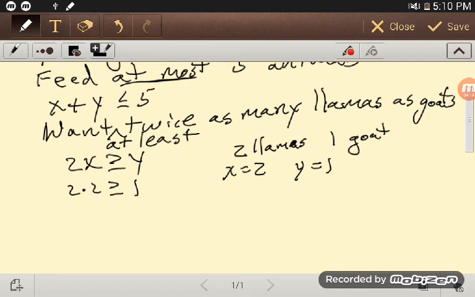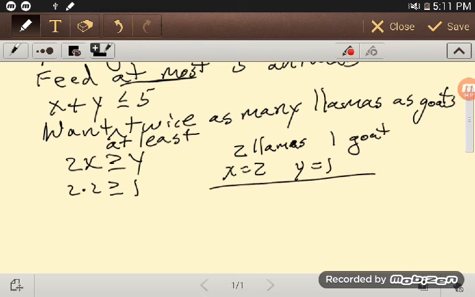Okay, now if we had 1 goat and 1 llama, would it work? So we look at this and we say, well, if x is 2 llamas, y is 1 goat, I put those in, it worked.